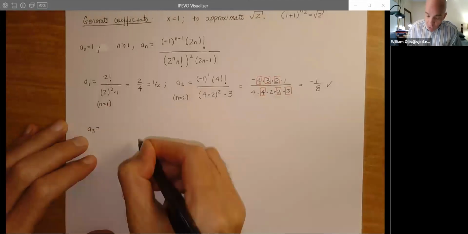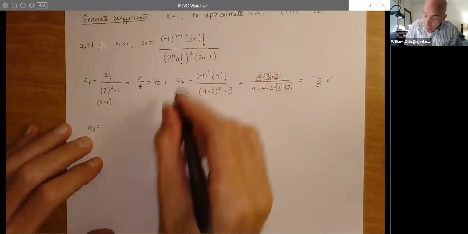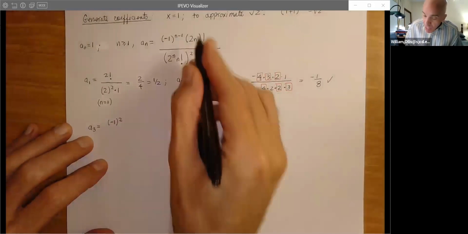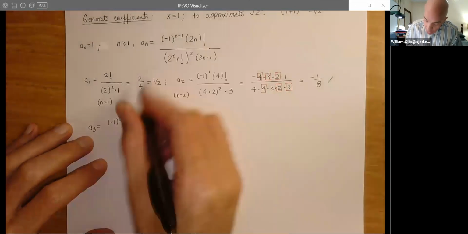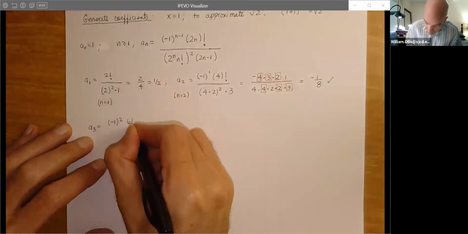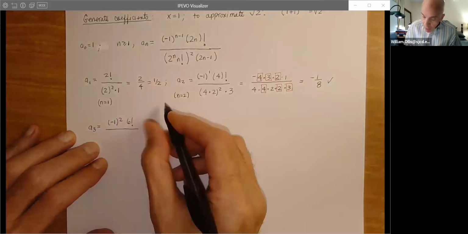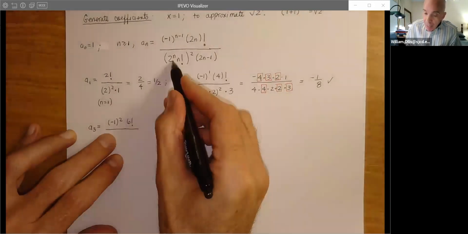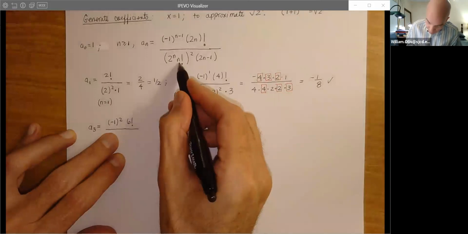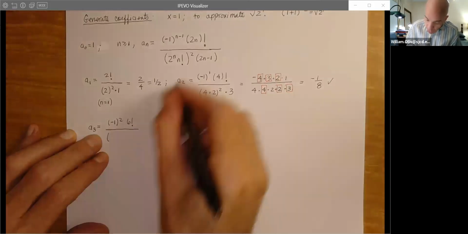So a sub 3, let's do this one. Now we're going to get the 2 here, negative 1 to the 2. And now 3 times 2, that's a 6 factorial. And then here we've got 8 in this case, and a 6 factorial, or 3 factorial, which is 6.